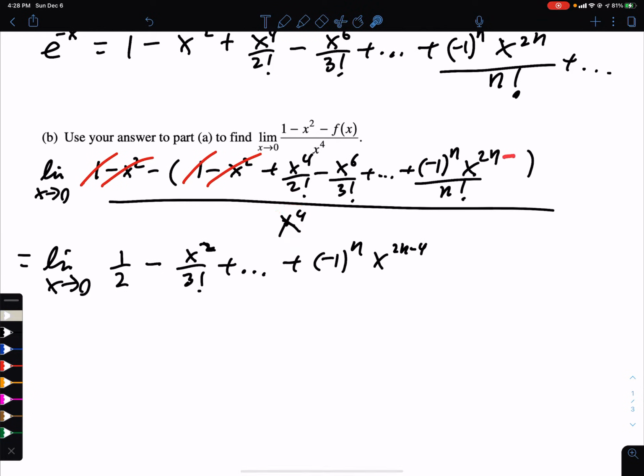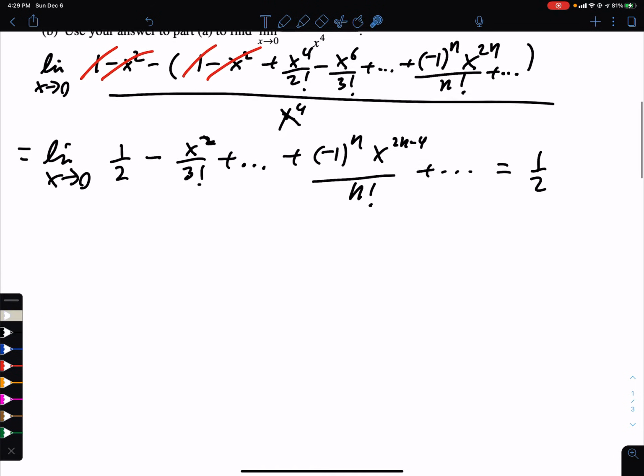So when you divide, you subtract that from there. That's how we end up with that. Plus dot, dot, dot. I forgot my plus dot, dot, dot. So clearly, as x approaches 0, everything else is approaching 0 because you have x's in it. 0 times anything is 0. So this limit ends up just being 1/2, because that's the only one without an x. So that's the answer to part B.